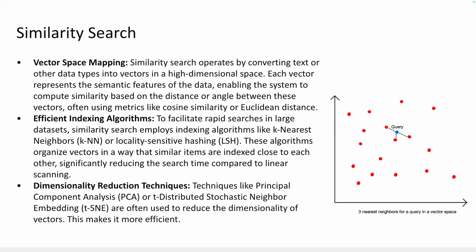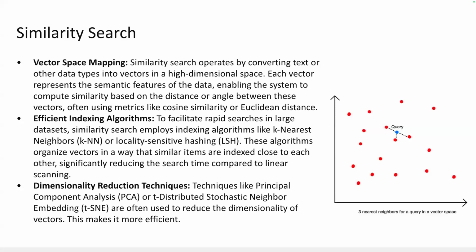And to really expedite these search processes, the similarity search employs advanced indexing algorithms such as KNN and LSH. These are really pivotal because they sort the high dimensional vectors in a manner that similar vectors are indexed in proximity, significantly enhancing search efficiency by diminishing the need for exhaustive scanning of the entire vector database.